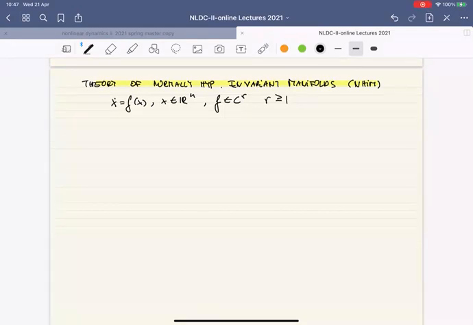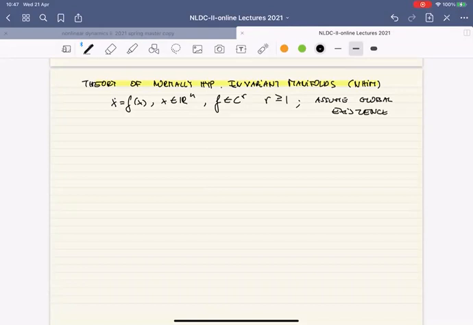Okay, so assume, for now, global existence for simplicity. Uniqueness is not an issue because that I always have locally, so therefore I will have it globally. At no point can trajectories intersect once you're Lipschitz, and you're more than Lipschitz here because you're at least C1. Okay, so assume global existence.